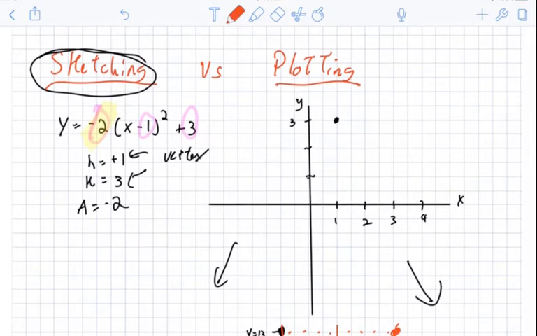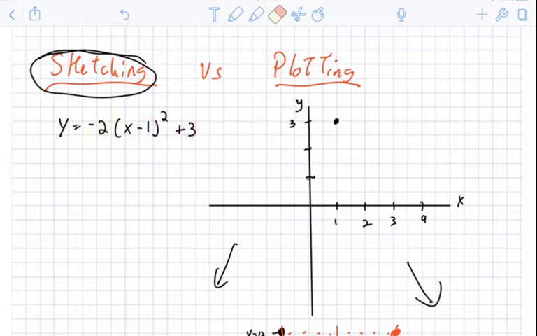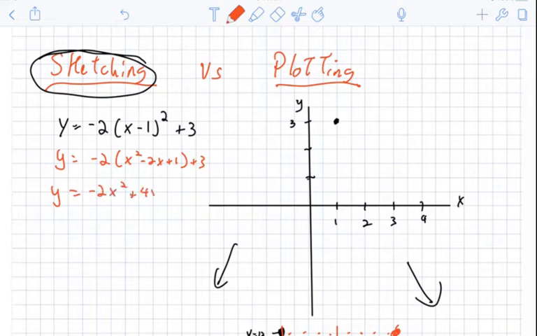All right, let's find its y-intercept. Minus 2x squared minus 2x plus 1 plus 3. y is equal to minus 2x squared plus 4x minus 2 plus 3. y is equal to minus 2x squared plus 4x plus 1.